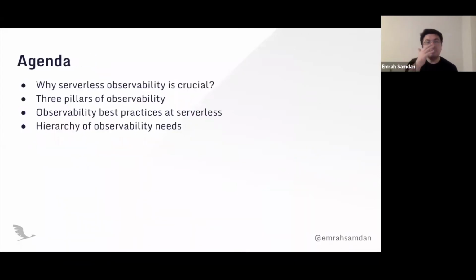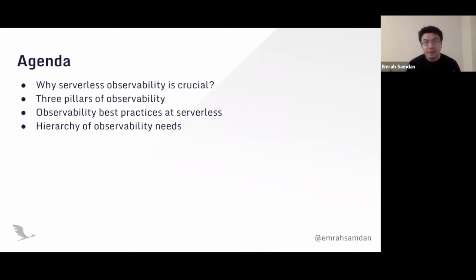So let's now turn back to today's agenda. We briefly summarize what serverless is and why it is hard to achieve well, and we just covered what observability is and why it is hard to achieve in serverless. We will go over the three pillars of observability, and then we will talk about observability best practices in serverless.